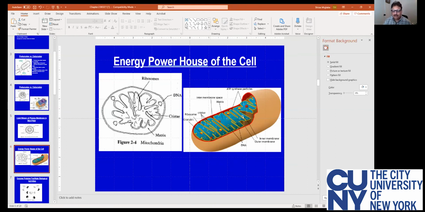So mitochondria is the powerhouse. Why is it called the powerhouse? Because it generates ATP. So remember, when we eat, let's say bread, it is broken down into glucose. Glucose is further metabolized, and ultimately it reaches mitochondria, and then there ATP is generated.